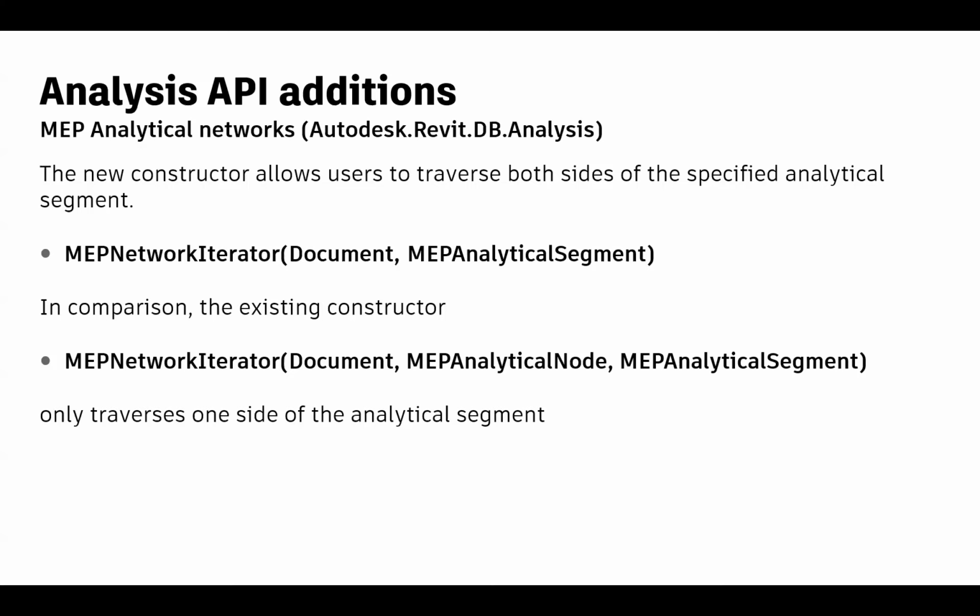In comparison, the existing constructor only traverses one side of the analytical segment. And the network consists of a number of analytical segments. So this traversal can now go in both directions from the starting segment.